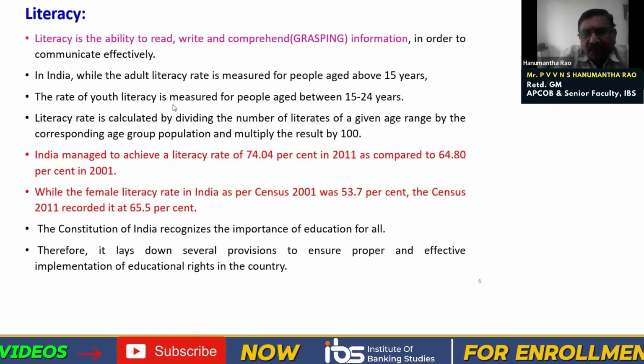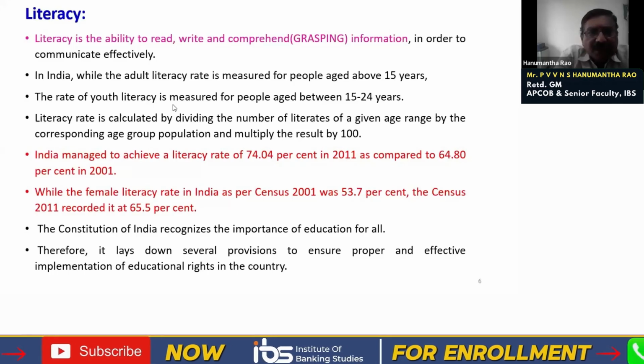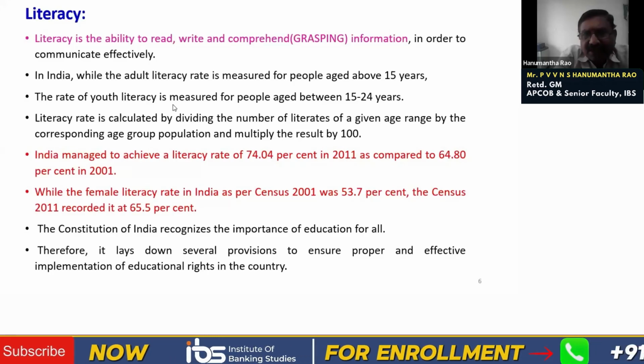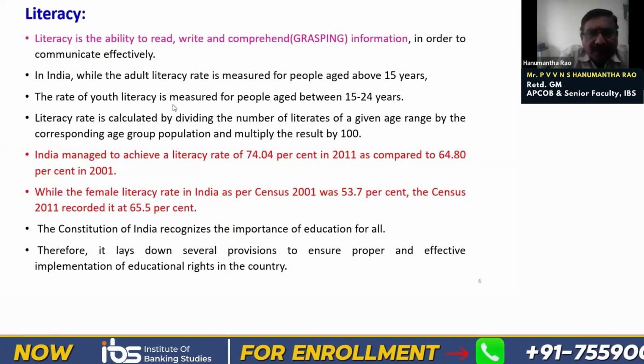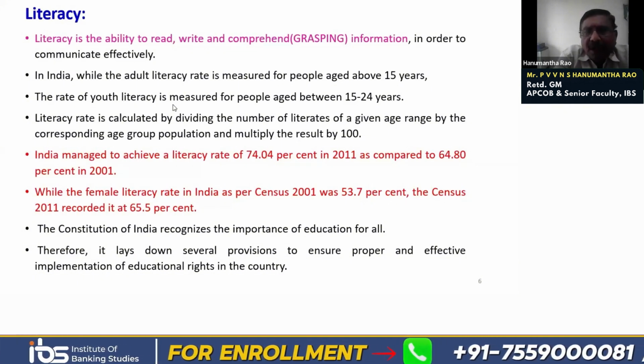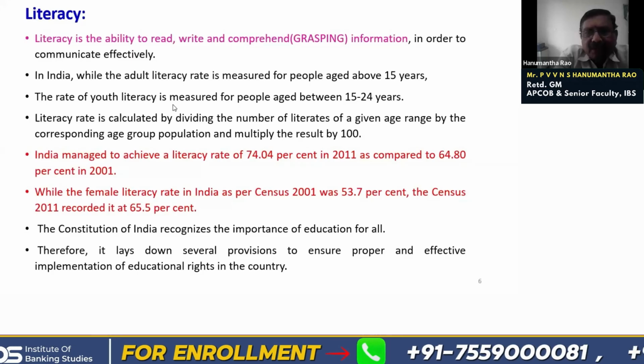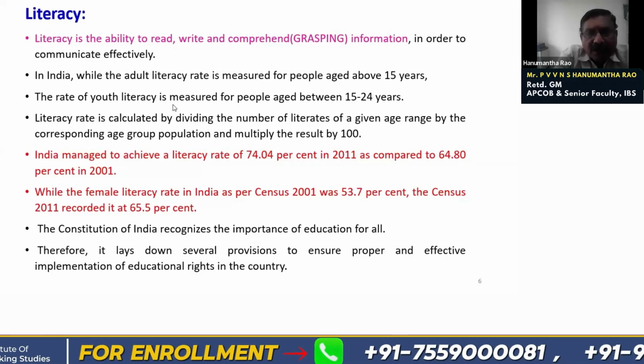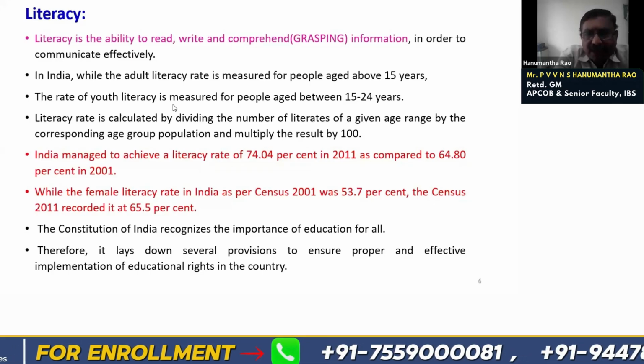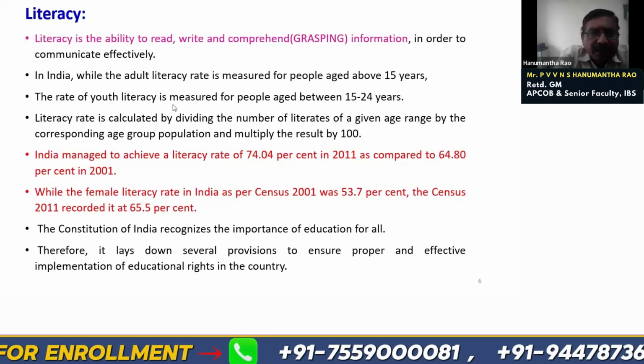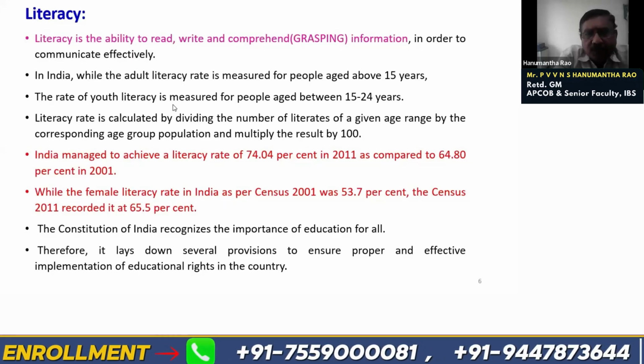In that particular age group, say for example, if they ask for the youth literacy rate, we will take how many people in the age 15 to 24 are literate. We will take that figure divided by the corresponding age group population.